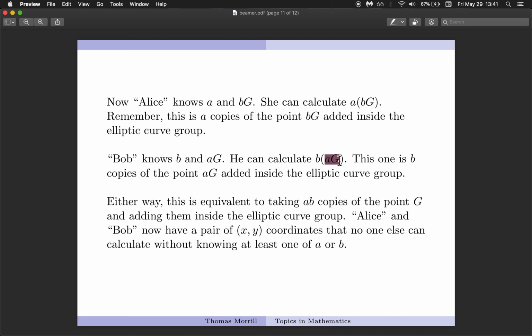And if you're on the outside, you would know the coordinates for Alice's point, A times G, and you might know the coordinates for Bob's point, B times G, but you can't actually find the coordinates for A times B times G unless you know one of the secret multipliers.